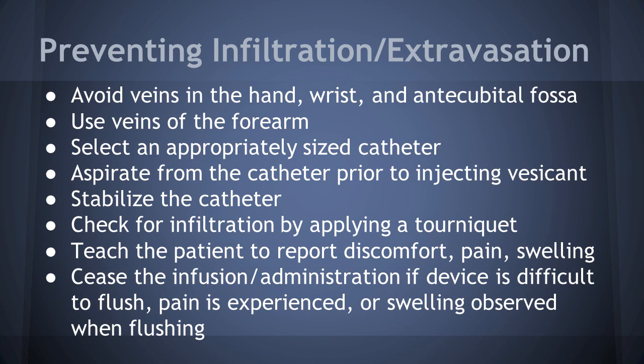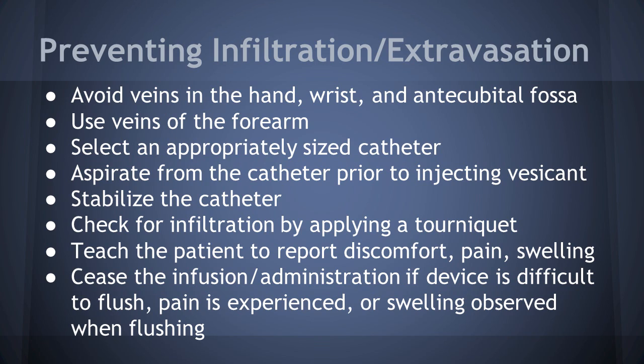You also want to make sure that the catheter is stabilized. It is not recommended to use tape because tape does not stick well to the plastic catheters. Instead, it is recommended to use a manufactured stabilization device such as a stat lock. You want to check for infiltration by applying a tourniquet. This method works because you apply a tourniquet just above the catheter site, and what happens is that it obstructs the flow of blood.